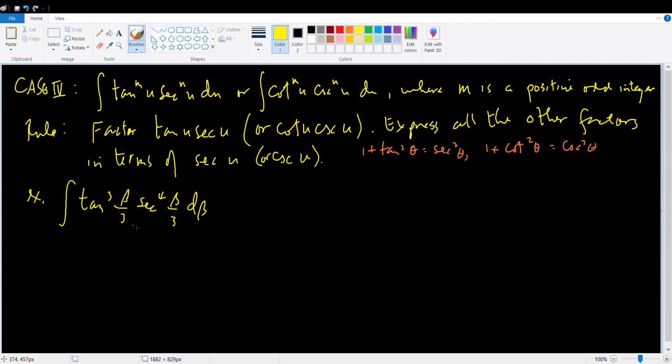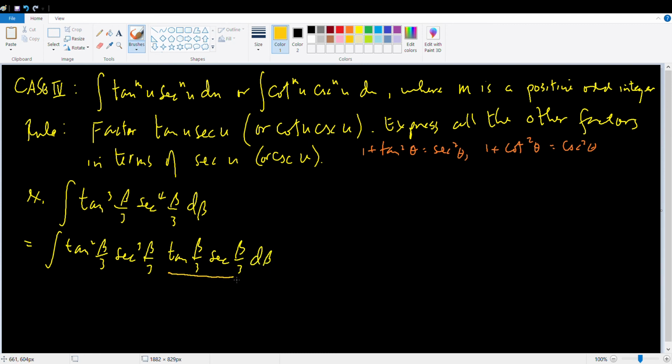But what we are going to do is we will apply the rule of case 4. So we shall factor tangent and secant. So tangent squared beta over 3, secant cube beta over 3, tangent beta over 3, secant beta over 3 d beta.